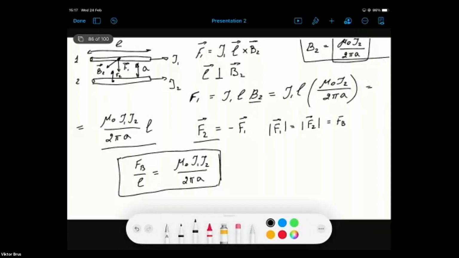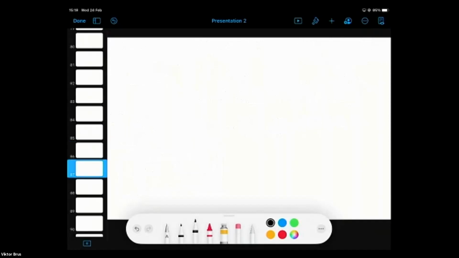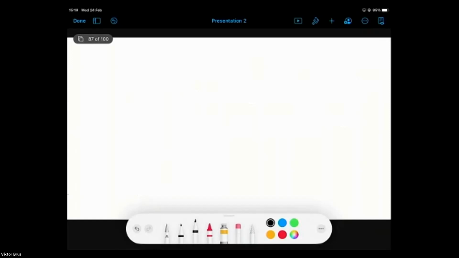So that is actually the definition of 1 ampere in the international system of units. So this particular case, which we considered here, has a very important practical value, since it defines the ampere, which is one of the key international system units, which are used to describe a lot of processes in electromagnetism.